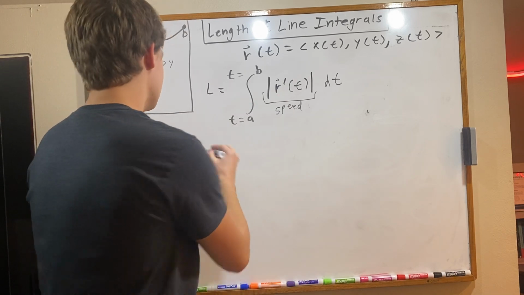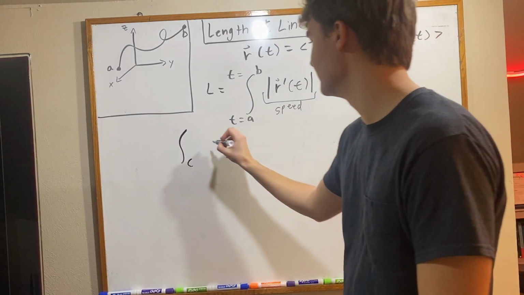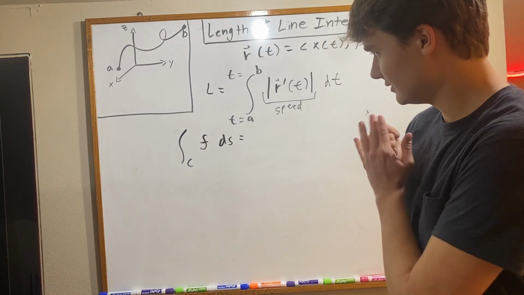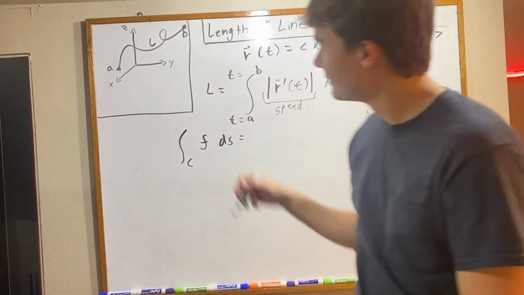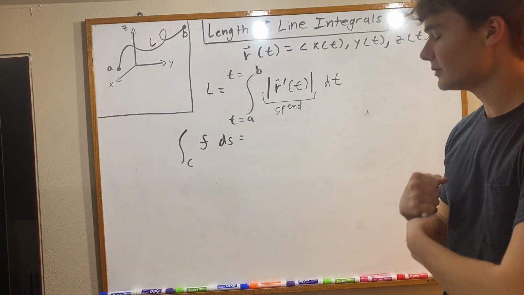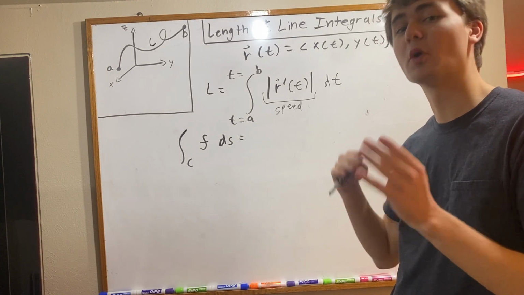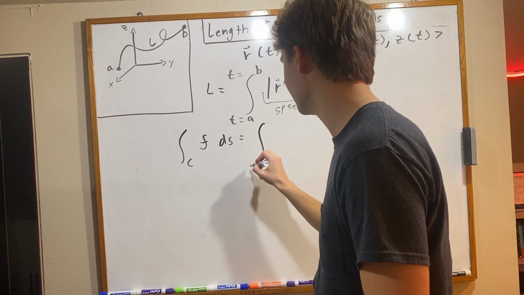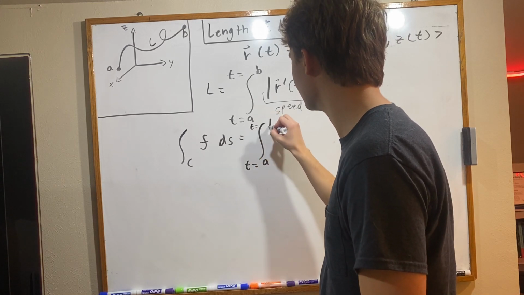So let's start with this: the integral over the curve C of a function f ds. Say that you're not given the parameterization of the curve, you need to first parameterize the curve to get this. And then you can take it from t equals a to t equals b.